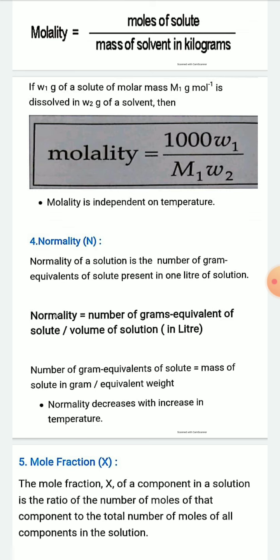This is the formula for calculation of molality. You have to remember the formula also.